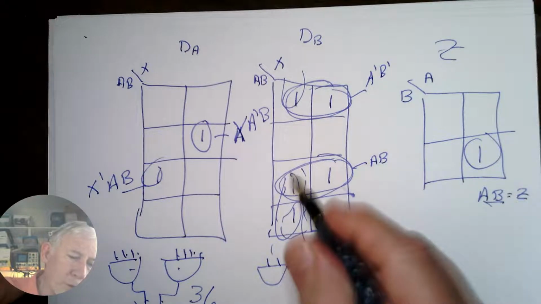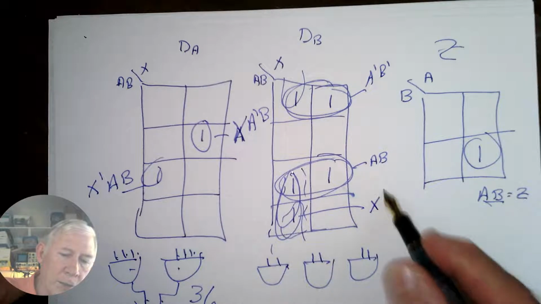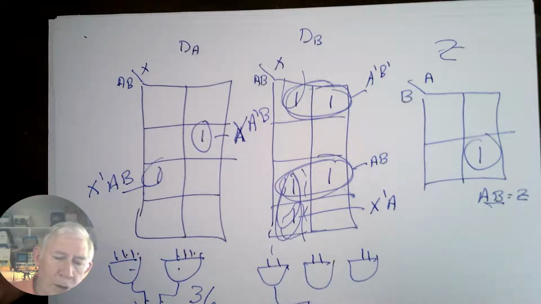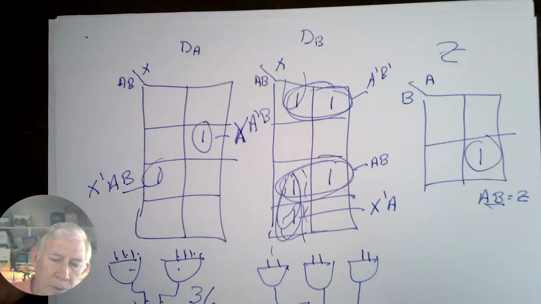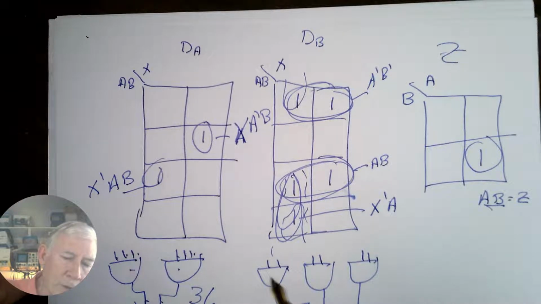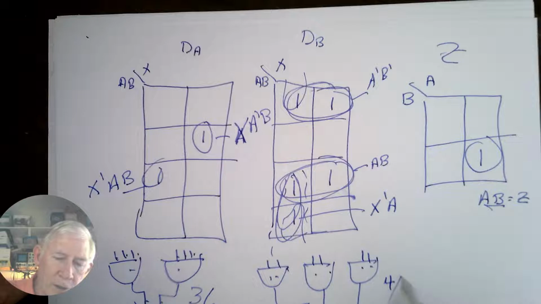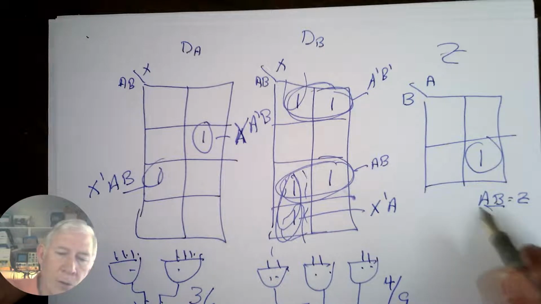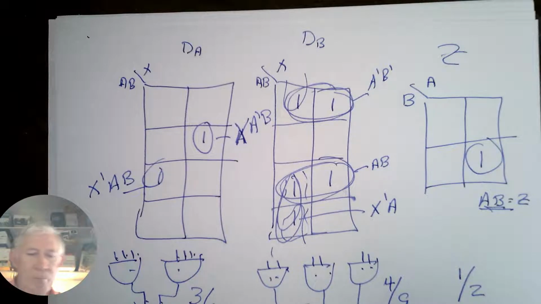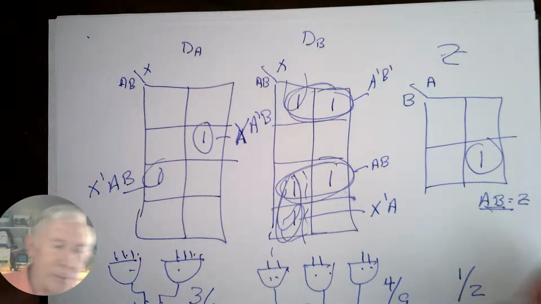And if we do this loop here, that's going to be X prime A. So we put these in, and they're all going to go into one output OR gate. Again, 1, 2, 3, 4, 5, 6, 7, 8, 9 inputs, and 1, 2, 3, 4 gates. So this is going to be 4 gates, 9 inputs. And this is going to be 1 gate and 2 inputs. That's it. Only 1 gate.